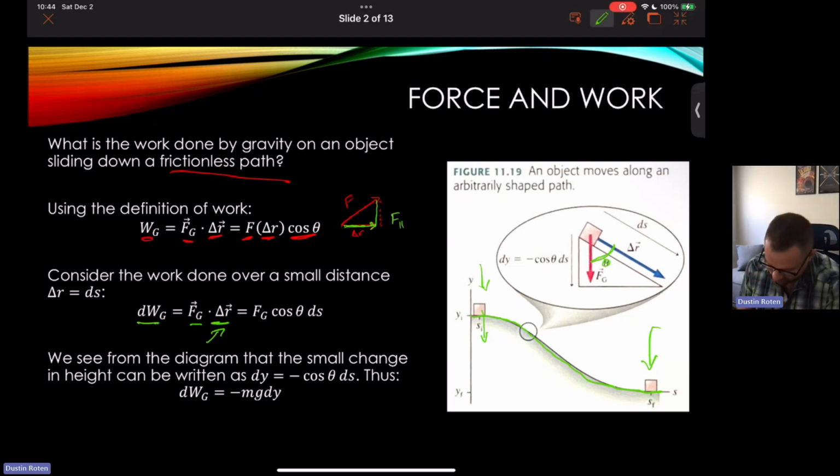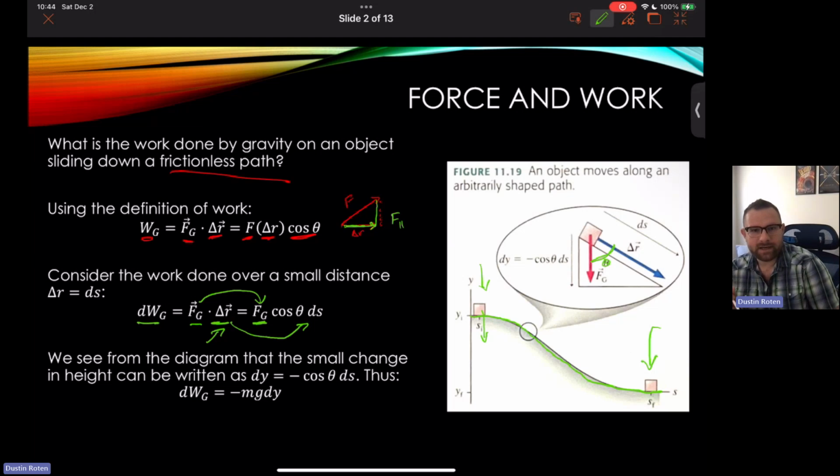This is essentially going to come to the magnitude of our force. Now we usually write those little infinitesimals as a ds. So my displacement will just become the ds, and of course we'll have the cosine theta there because we're projecting with the dot product. So that's where these pieces come from.